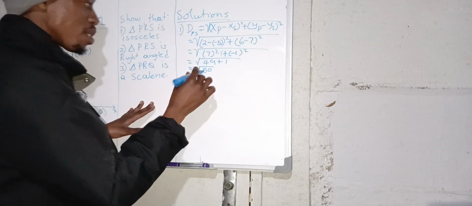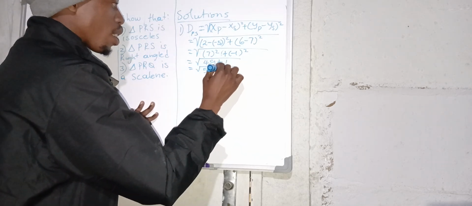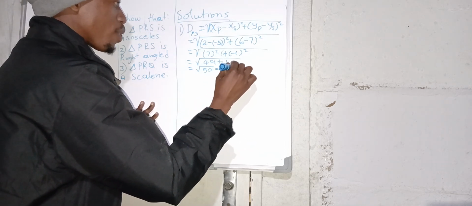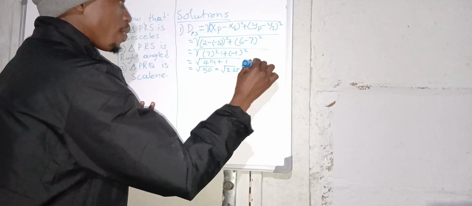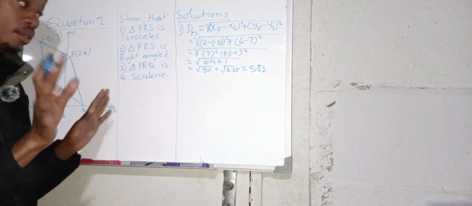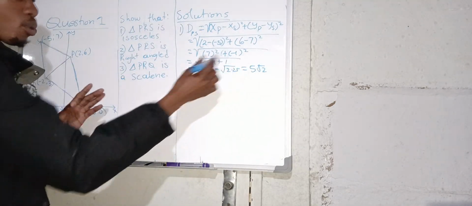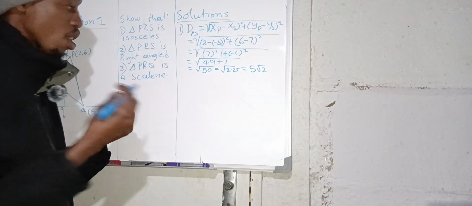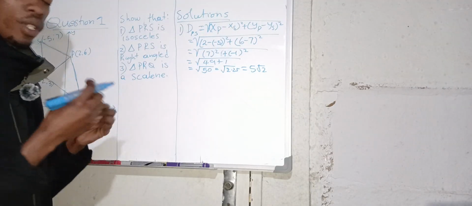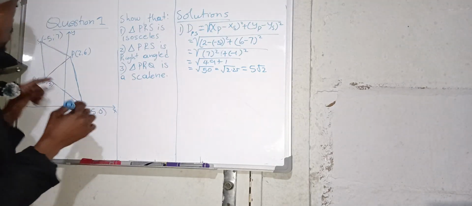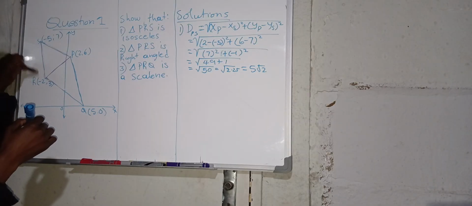Someone would say it's 2 multiplied by 25, which is basically 5 root 2. It's fine, you can leave it here or take it further, showing how good you are with surds. So now let's check the distance RS.